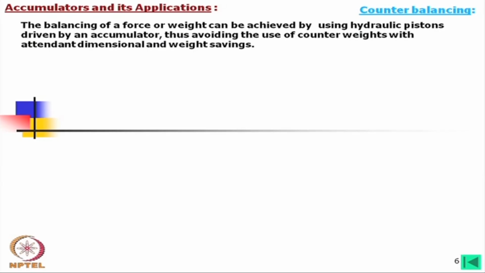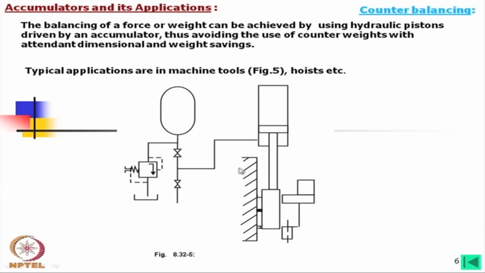Now, how does it work? The balancing of a force or weight can be achieved by using hydraulic pistons driven by an accumulator, thus avoiding the use of counterweights, with attendant dimensional and weight savings. Now, this system looks like this.